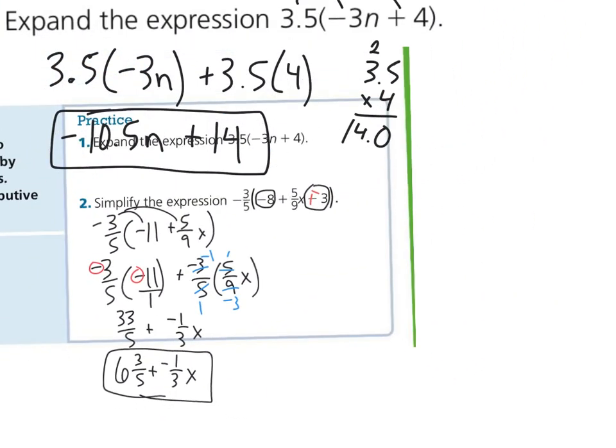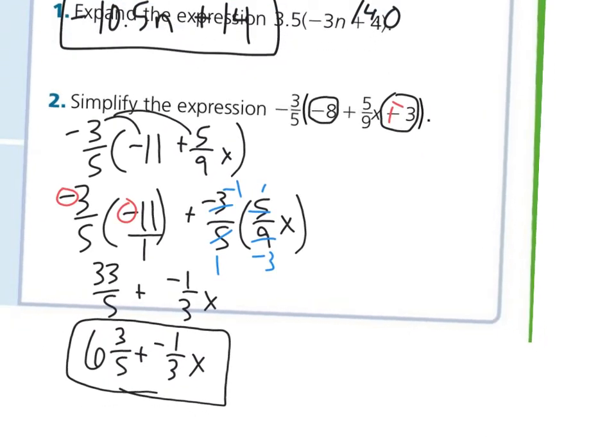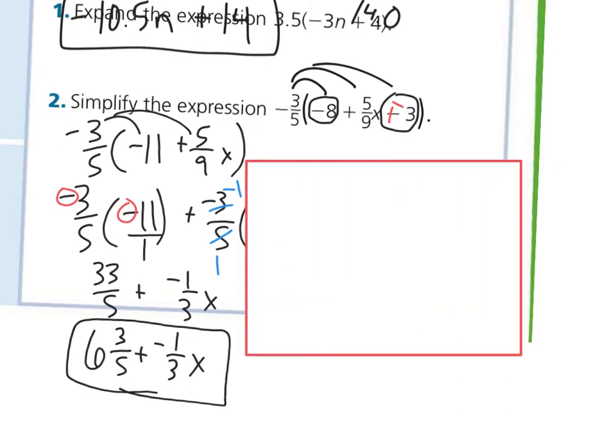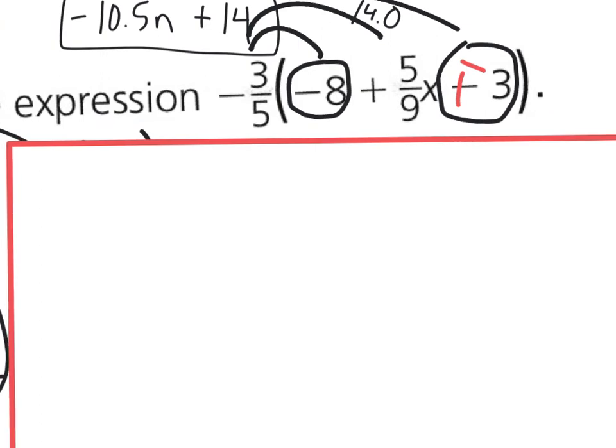If you didn't combine those together first, that would be distributing to all 3 of these. And again, you should end up with the same answer in the end.